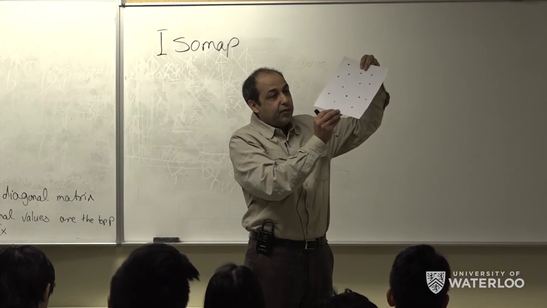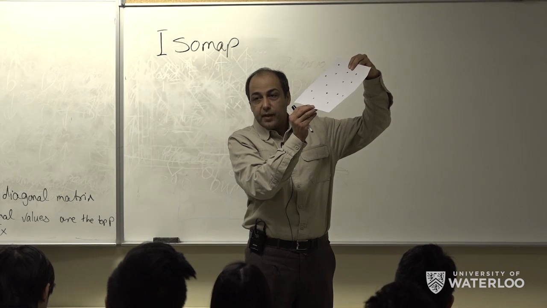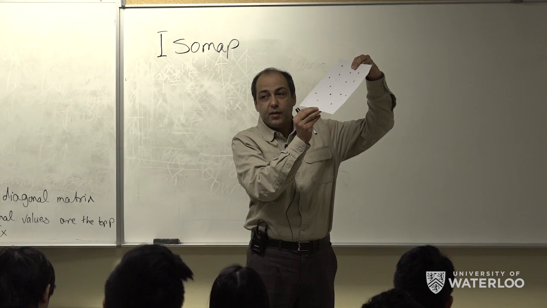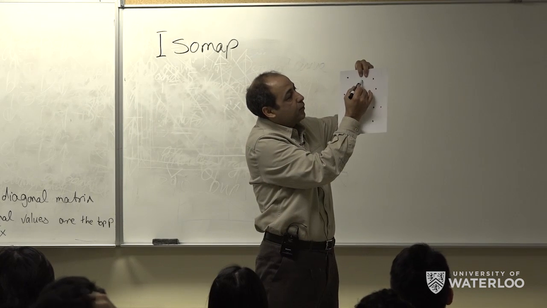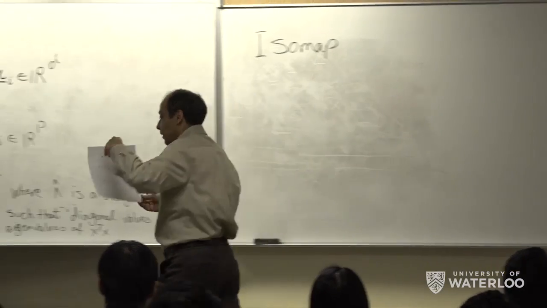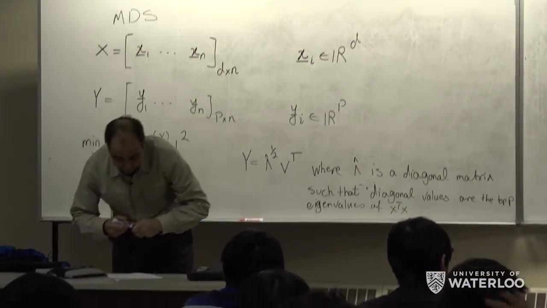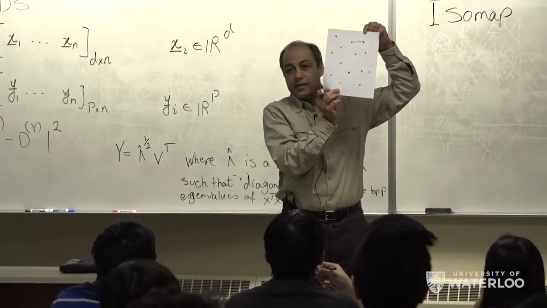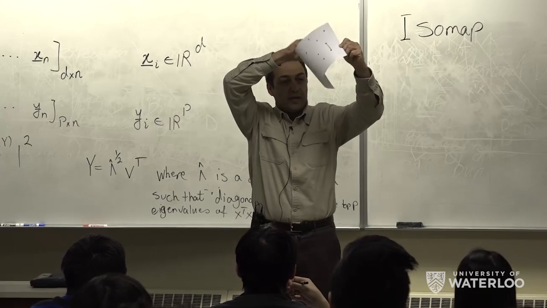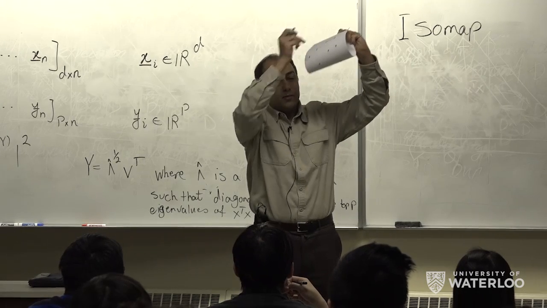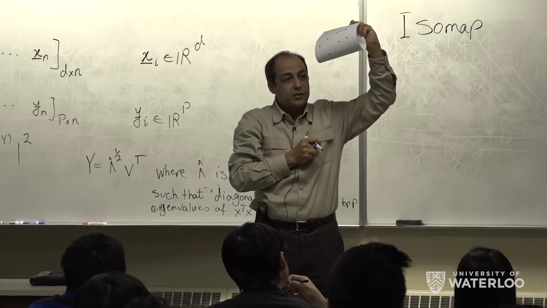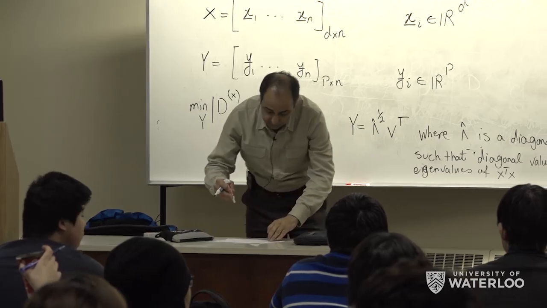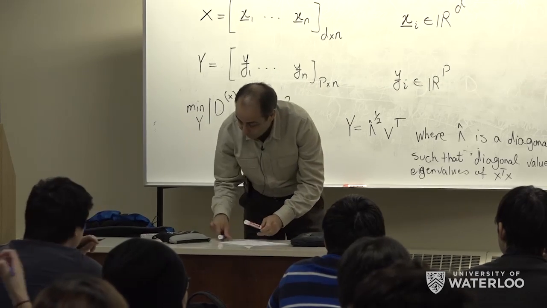If these points are in three-dimensional space, and I would like to preserve pairwise Euclidean distances, the distance between these two points, for example, in linear case or in nonlinear case, the Euclidean distance between these two points will not change. Okay? But what about the distance between two points that are far apart?